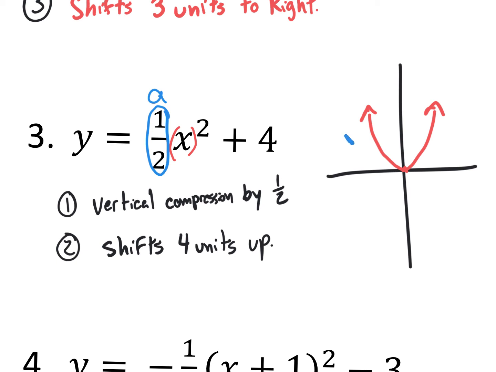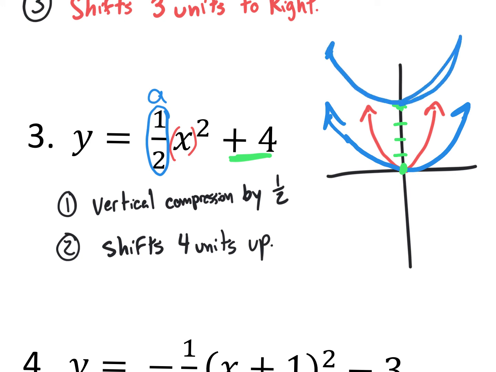So I'm gonna make a wider graph, okay? And then 4 units up, so you're gonna take this blue graph and move it 1, 2, 3, 4 units up, and it's gonna stay exactly that wide. And there's your final graph right there. It's just a sketch, but you should be able to identify it when you're doing a multiple choice test.